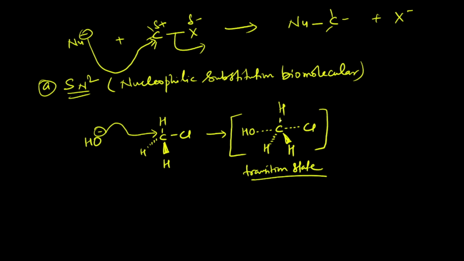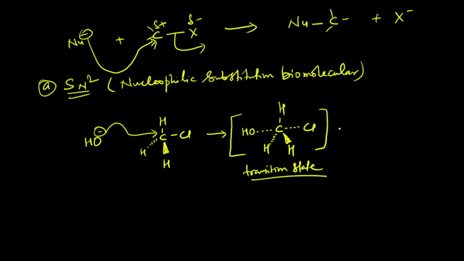But here, if you count 1, 2, 3, 4, 5, right? It is only for showing that the nucleophile is attacking the carbon and at the same time this chlorine is leaving from the molecule. So both the incoming group and the leaving group are connected to the carbon, so we call it bimolecular, nucleophilic substitution bimolecular.